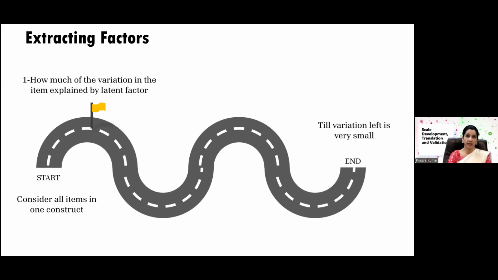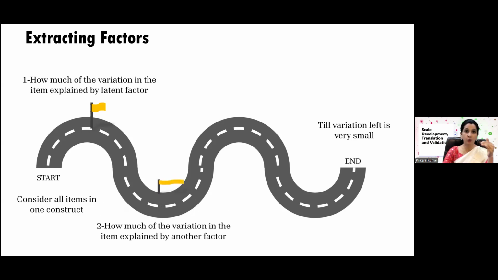That variance depends on how the items are co-varying, meaning how they are getting affected by the underlying construct. So you just see how much variation in the item is explained by the latent factor, because in this case, as we have seen, the item is the dependent variable and the latent factor is the independent variable.